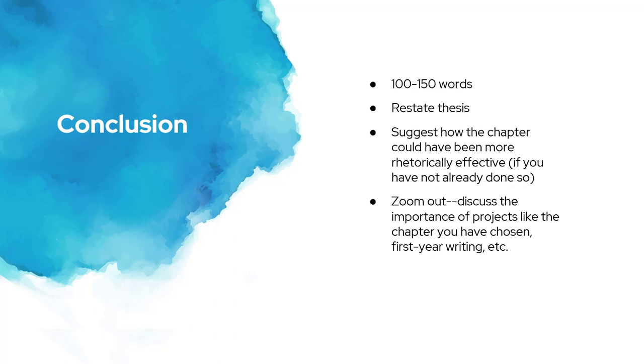This can mean discussing the importance of first-year writing as a whole, of the author's particular topic, whatever you think is most appropriate, and whatever you think will be most appealing to your own target audience, which, remember, is your English 106 peers.